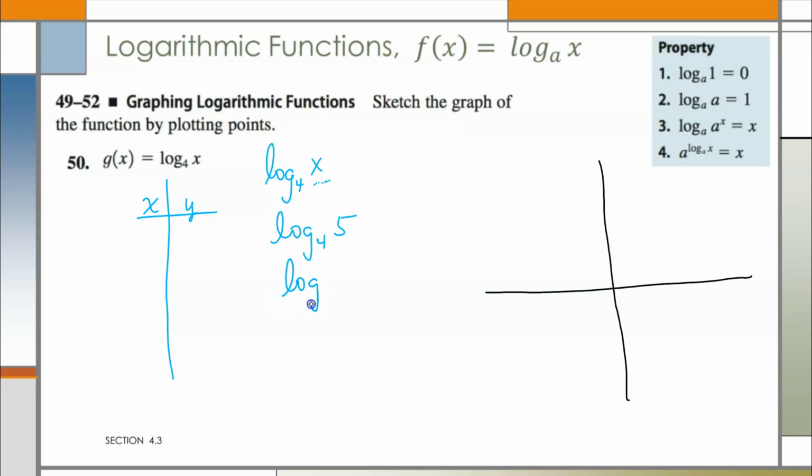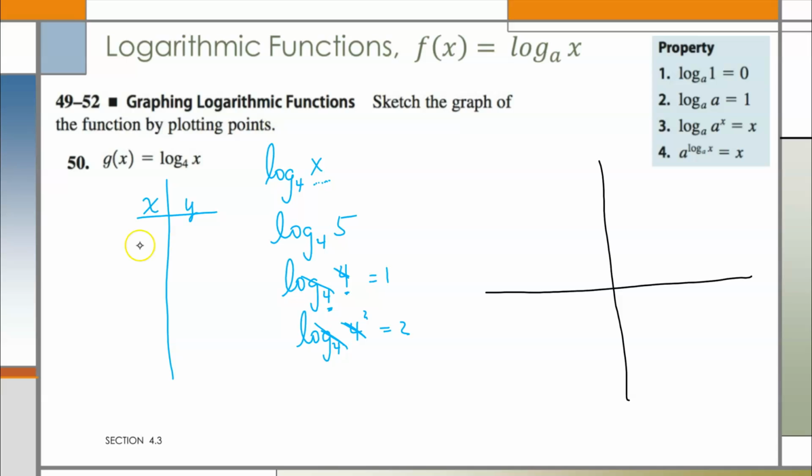But what if we plug in numbers like 4? That's going to give us 1. What if we plug in numbers like 16, 4 squared? That's going to give us 2. Notice that numbers that I want to pick to plug in are going to be powers of base 4, so that we can get these to cancel, since logs and exponentials are inverse functions.